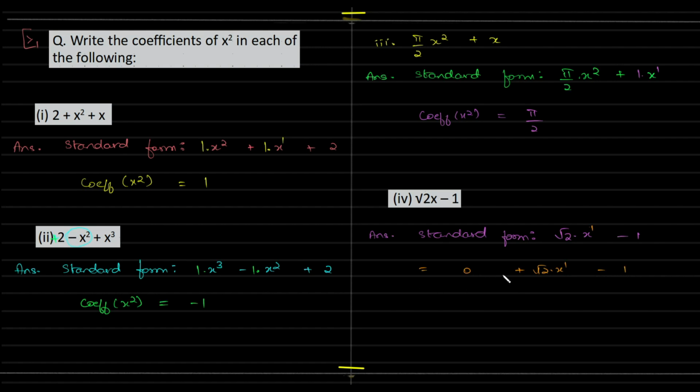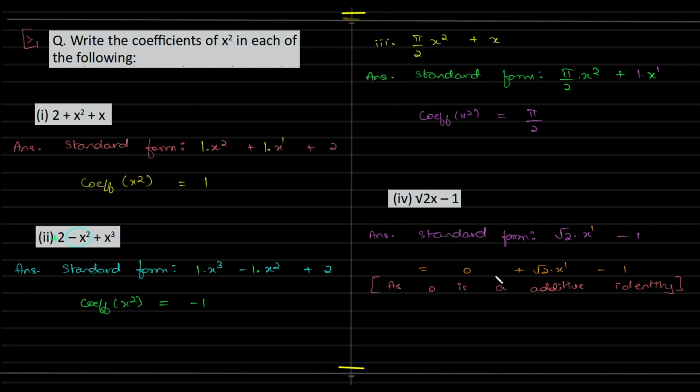If I add 0 to anything, well, things won't change. Do you agree? Why won't things change? Because 0 is an additive identity, that is, if you add 0 to anything, things won't change.